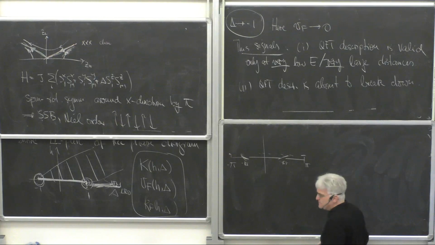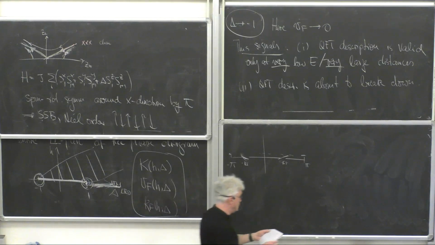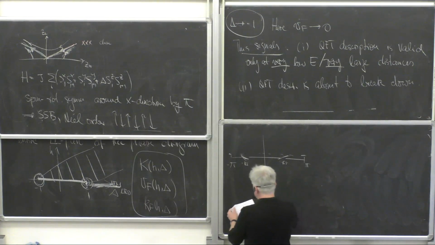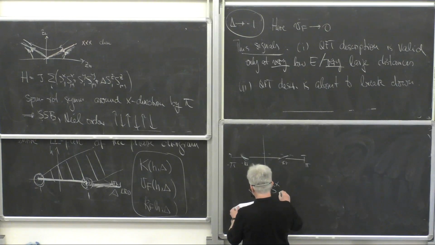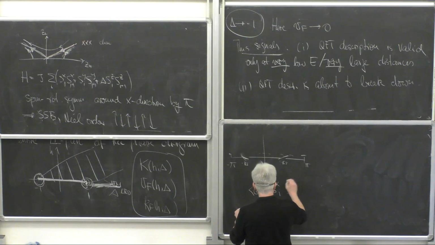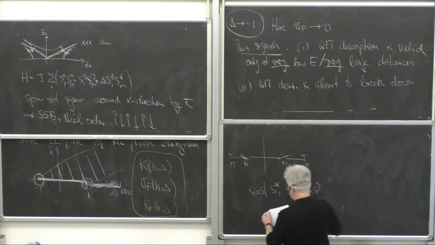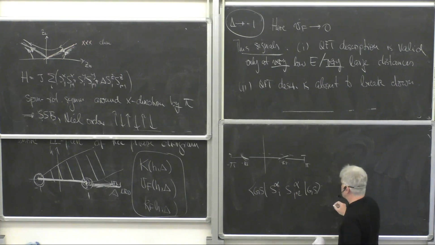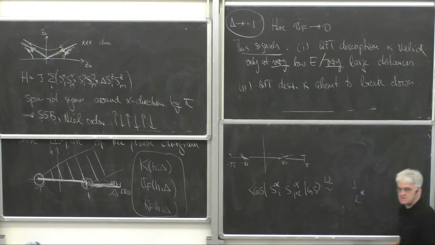Okay, and so it basically means if you look at something like a ground state correlation function, S^α_j S^α_{j+L} in the ground state, you will get some answer here, 1 over L to some power, from the Luttinger liquid description.